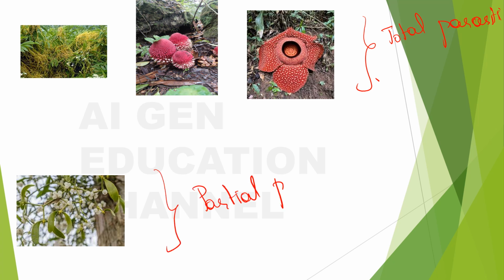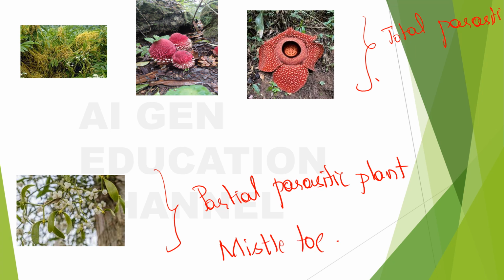And this one is a very famous total parasitic plant called cuscuta or dodder.